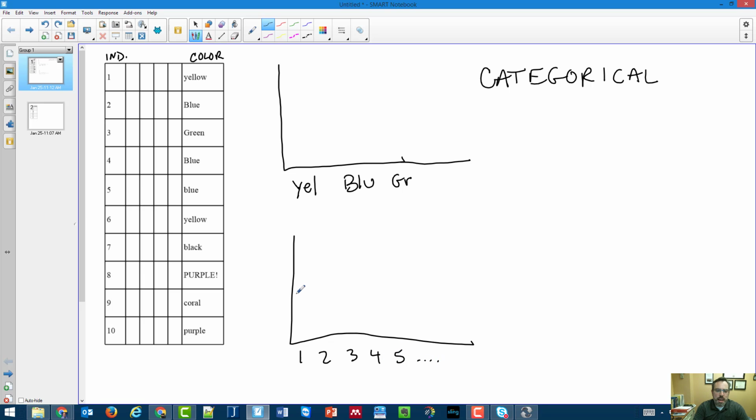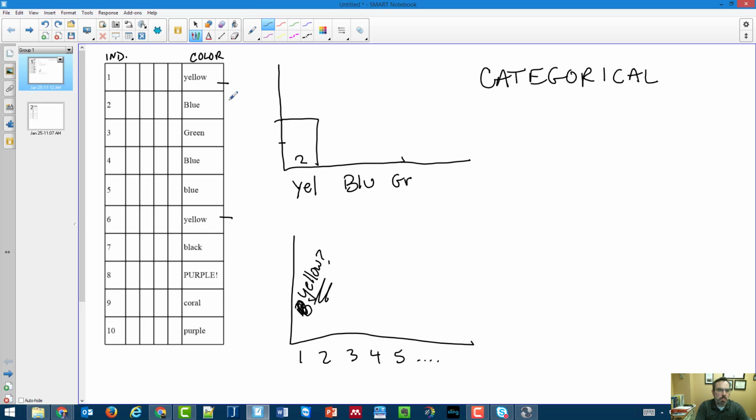Because my question would be, how do I graph the fact that person number 1 liked yellow? I don't know how I graph it. What does that represent? So with categorical variables, I'm putting the category here, and then I'm basically just looking through and saying, well, there are 2 people that like yellow.